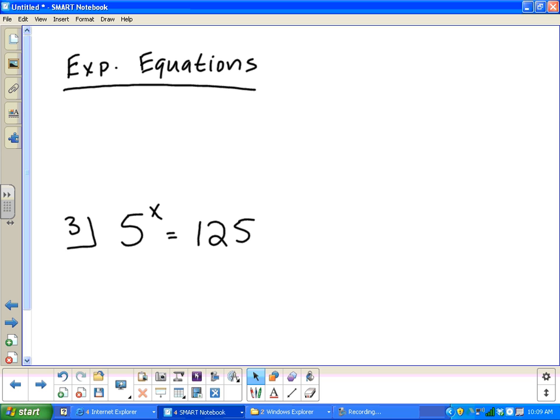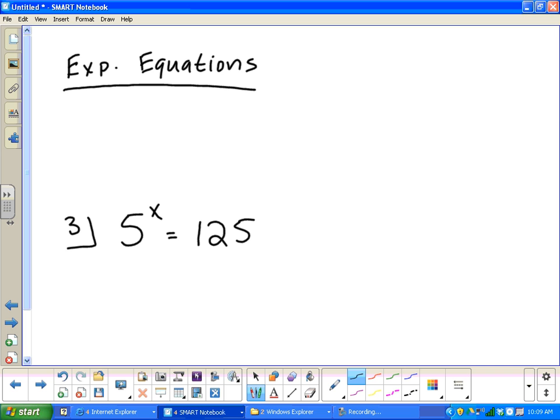Now, we're going to look at a few problems first that you really don't need a logarithm to do. We're going to start off with what I call the easy ones, and this is like number 3 there on your sheet.